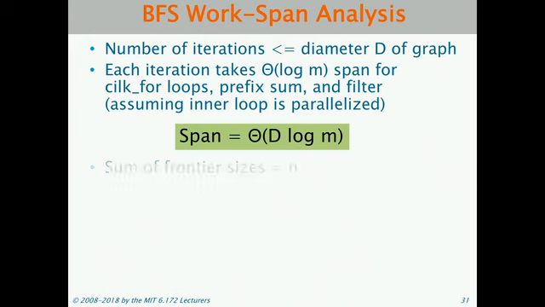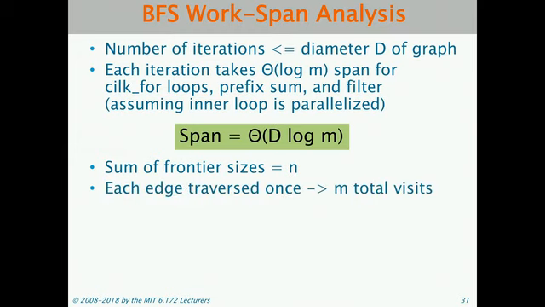What about the work? To compute the work, we have to figure out how much work we're doing per vertex and per edge. First, notice that the sum of the frontier sizes across the entire algorithm is going to be n, because each vertex can be on the frontier at most once. Also, each edge is going to be traversed exactly once, so that leads to m total edge visits.